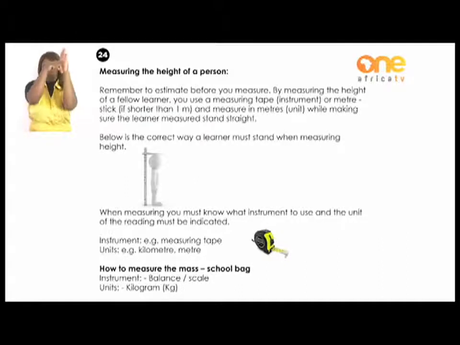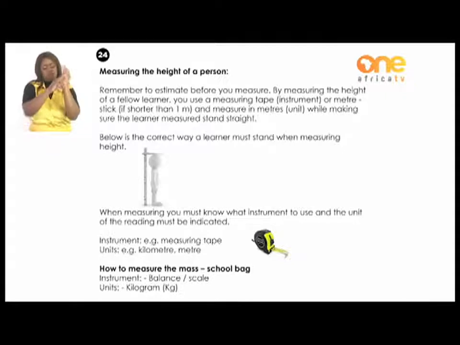Below is the correct way a learner must stand when measuring the height. There is a picture, or the image, which demonstrates how one should stand. Then we need also to look at the instrument.